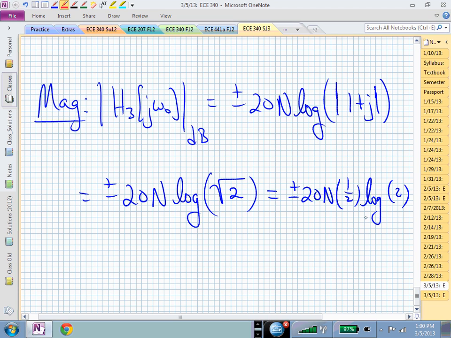And what did we say this was? That's now that 0.3, the log of 2. And the 1/2 and the 20 can be combined, and we now have plus and minus 10 log of 2, or this is now plus and minus 3n dB, right at the break.